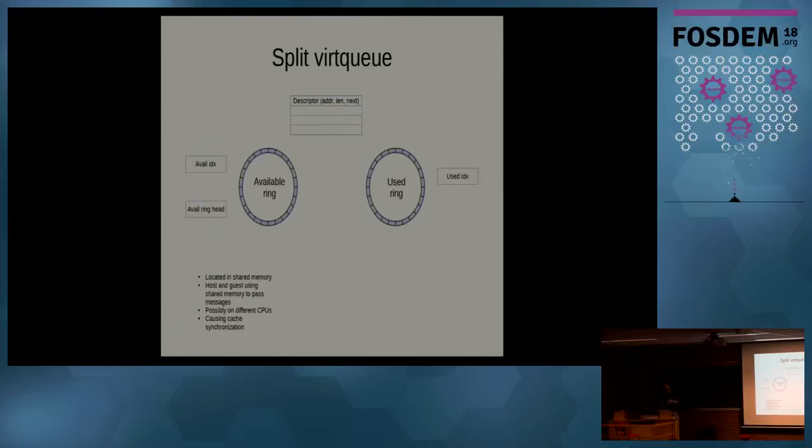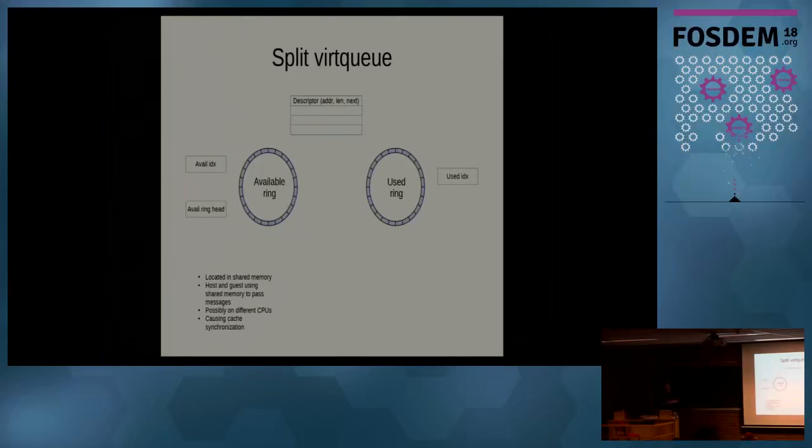Now, if the buffer is not contiguous, then multiple descriptors can be chained together by setting a next field in the descriptor. Where in the table to put each descriptor is up to the driver. And a request is identified by a head index, which is a 16-bit offset into the table of the first descriptor.